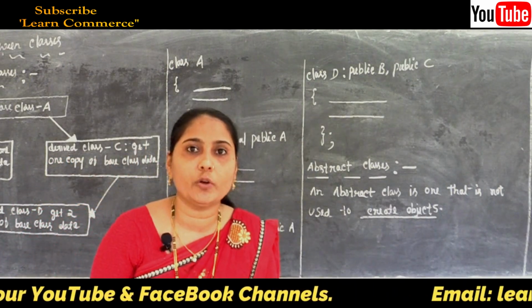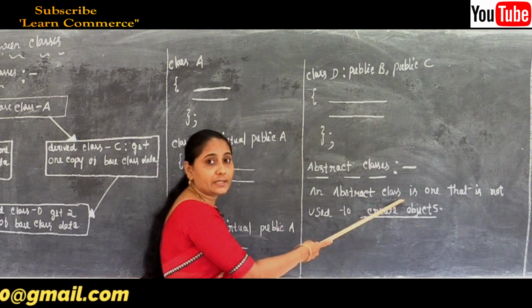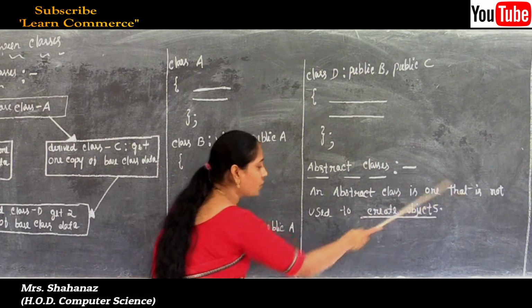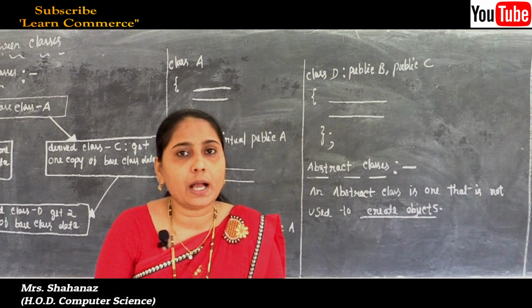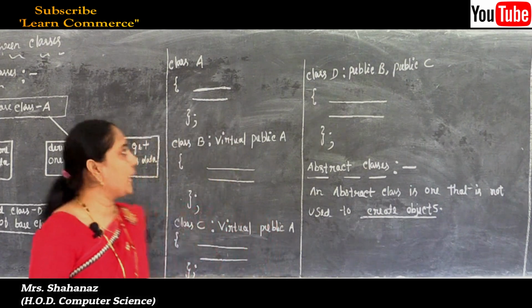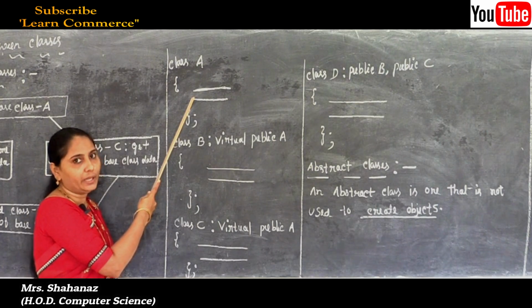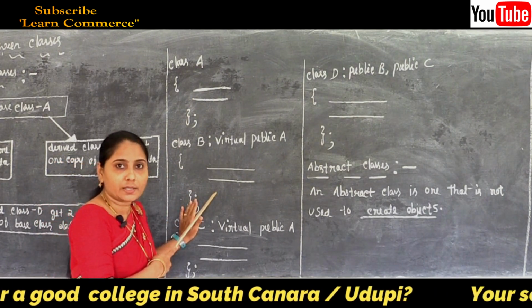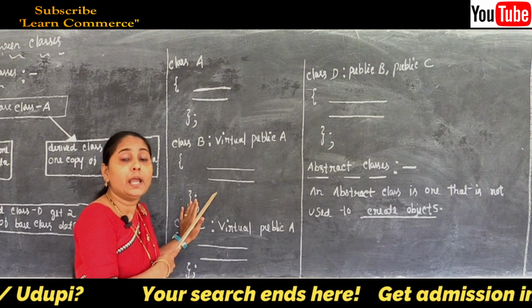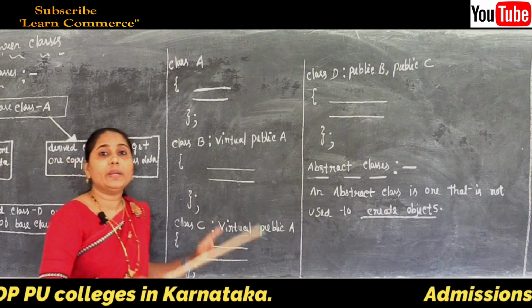We already know the meaning of the abstract class: it is a class that is not used to create objects. So an abstract class is designed only to act as a base class. Clear this point? What is the meaning of the base class? It means that by using such a class we construct many derived classes, in simple words, to be inherited by many other classes.